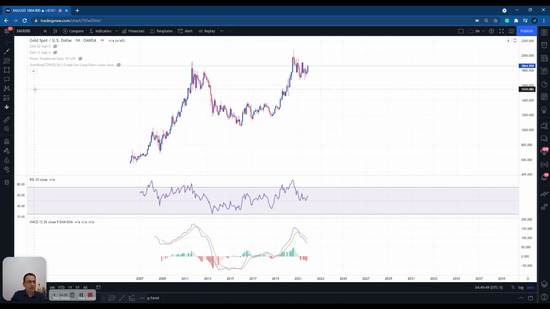See what has happened on the monthly. This was the lowest point on the MACD histogram, and now this is the new low point on the MACD histogram. What we have got is hidden bullish divergence.